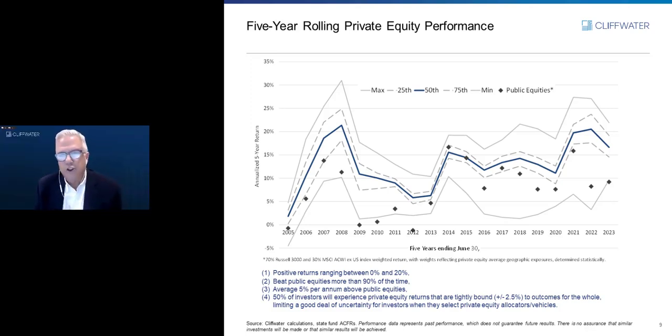Well, if you just did it against US stocks, whether you use the S&P 500 or just the Russell 3000, of that 5% differential for this period, you could probably knock off 2%. So it would be a 3% differential net of fees if you just looked at US stocks. But that's really an unfair comparison because the private equity indices have about 30% non-US content.